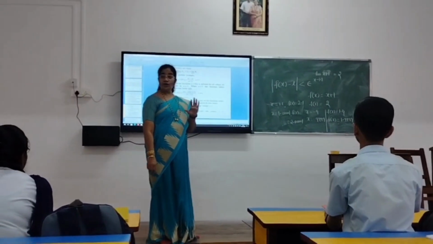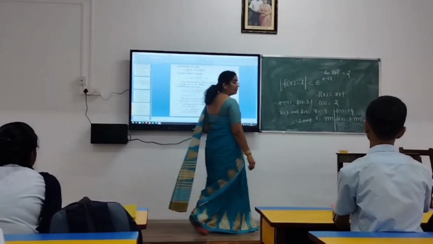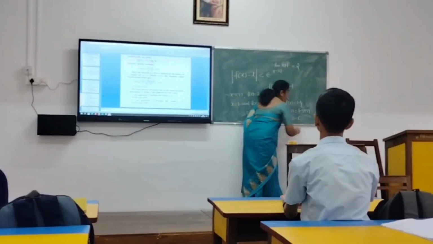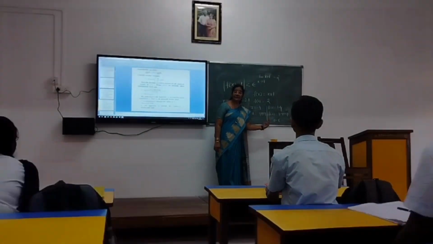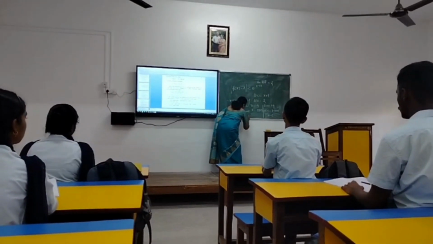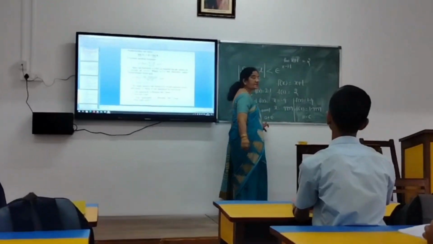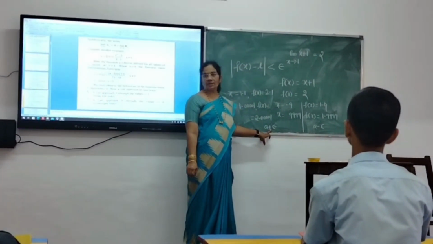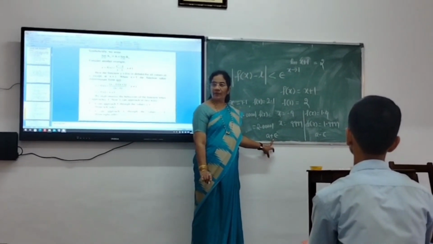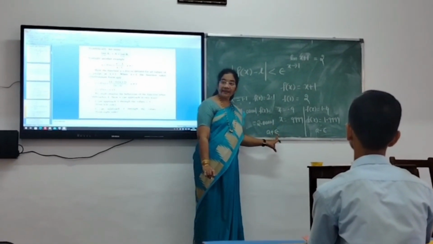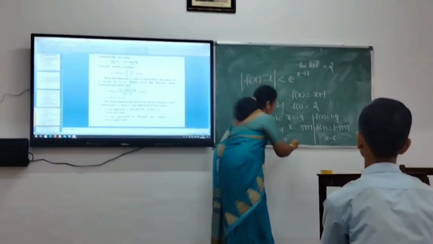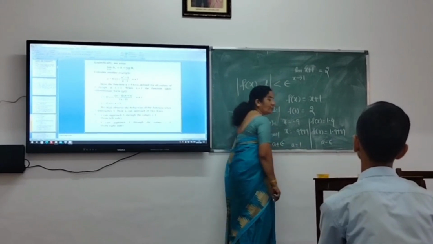The value of the limit of a function lies between, in this case, a minus epsilon, which is less than 2, correct? In this case, the value of f of x is a plus epsilon, which means greater than a. The value of a lies between a minus epsilon and a plus epsilon, but the value of a is equal to 1.